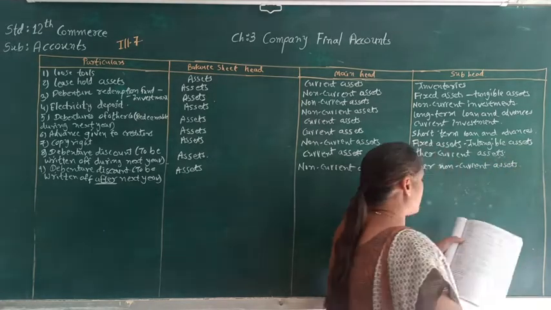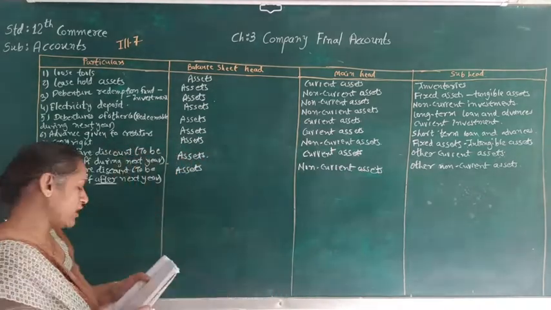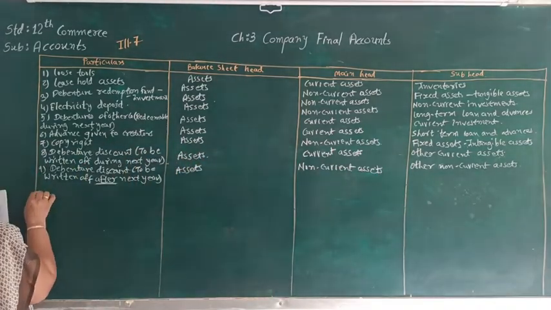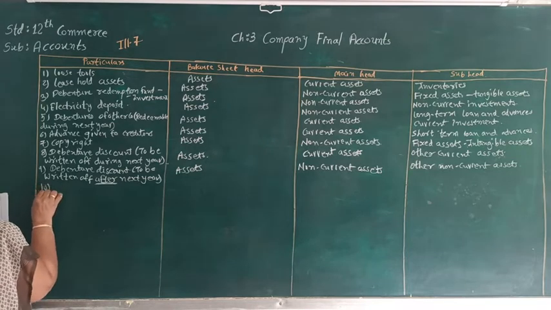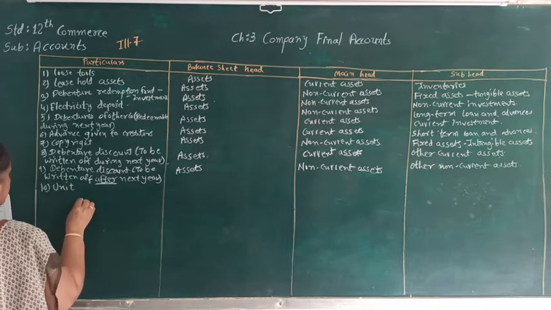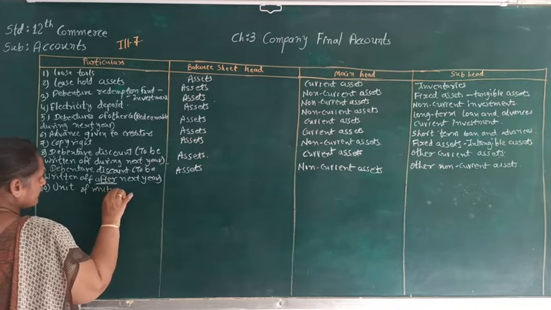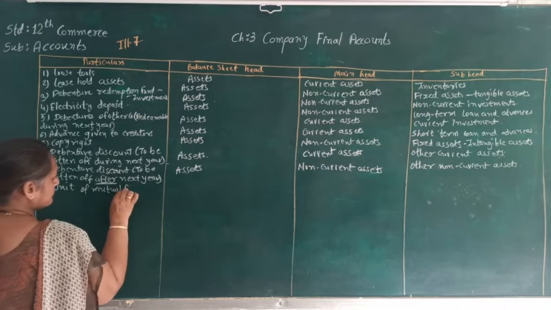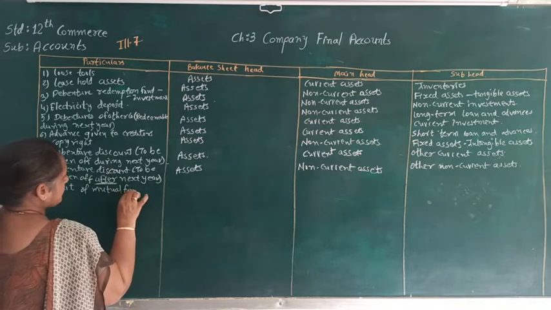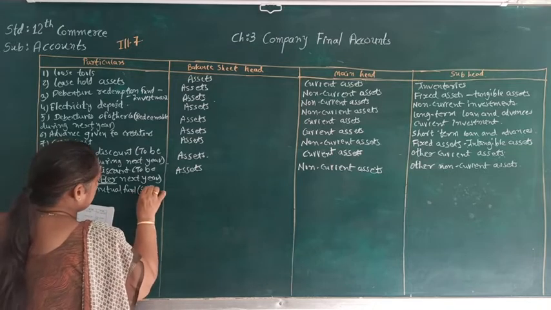Okay, now let's see the next one, unit of mutual fund. The 10th one is unit of mutual fund, and here it is stated that it is for short term.